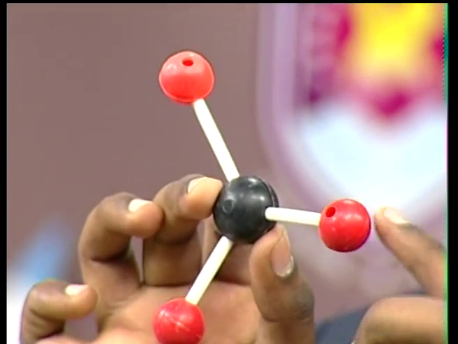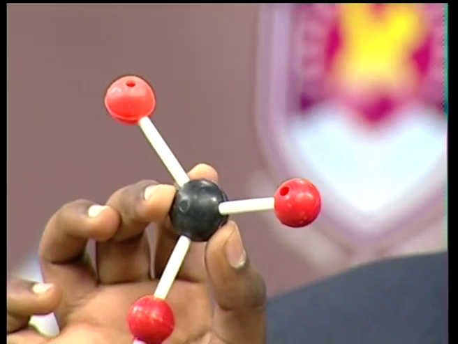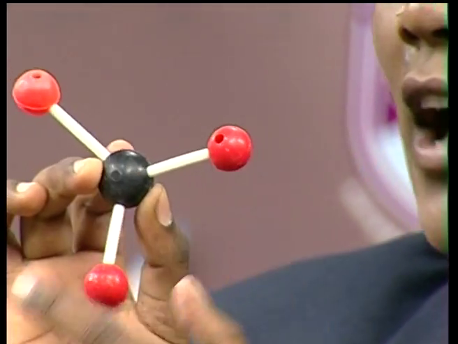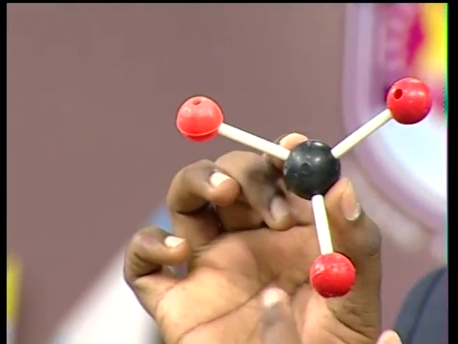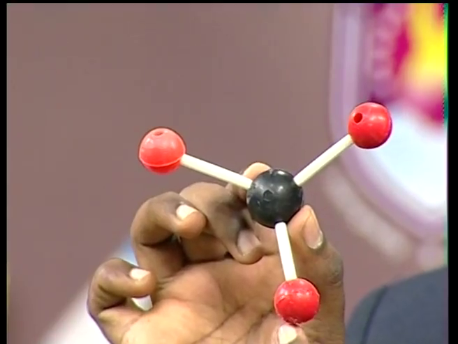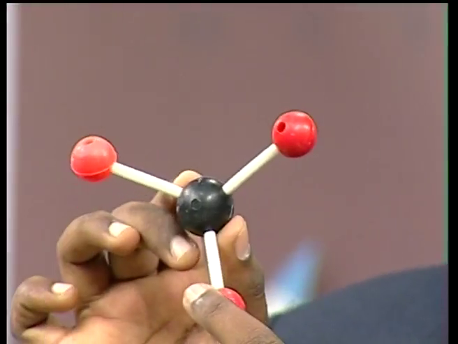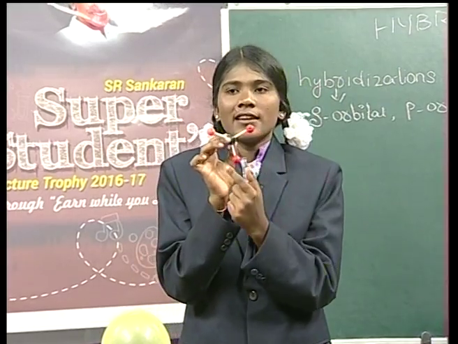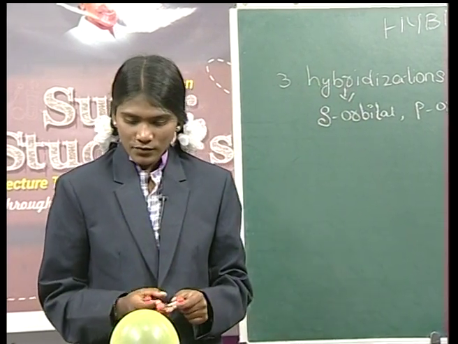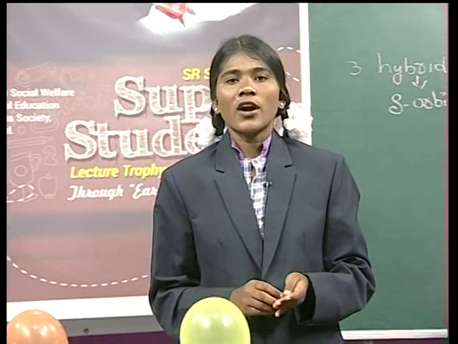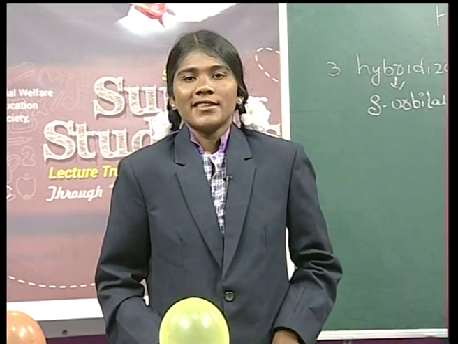And what are these 3? These are 3 chlorine orbitals. Are you able to find the shape of these? Trigonal planar. And what is the bond angle here? 120 degrees. I think you understand what is meant by sp2 hybridization.